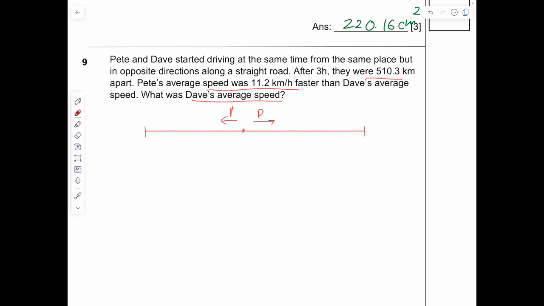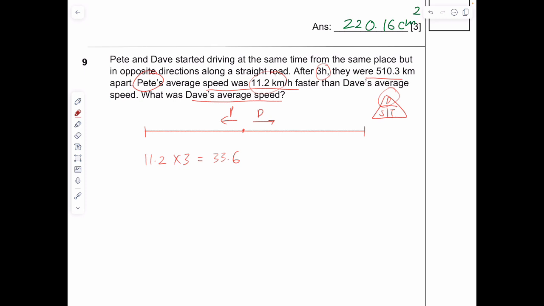Okay, so the first thing we want to find out is the distance covered by Pete, who was faster. So first things first, DST. If we want to find distance, it's speed times time. So I know that Pete's speed was 11.2 kilometers faster, and he traveled for 3 hours. So that is 33.6, right?